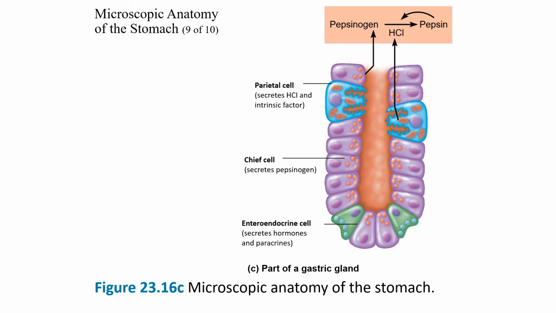The chief cells secrete pepsinogen, and it's the hydrochloric acid that cleaves pepsinogen into pepsin, and then pepsin breaks down proteins in the stomach. And then we have the enteroendocrine cells. These are the green ones, and they secrete hormones. They secrete the four hormones.